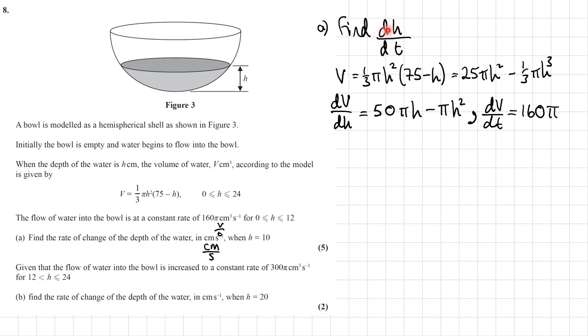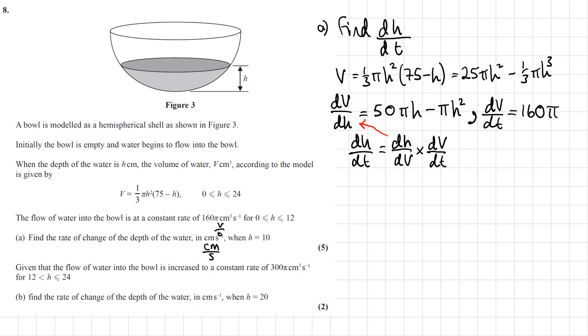So I want to find dh/dt. I've got dV/dh, and I've got dV/dt. These two can be multiplied together, if I use some reciprocals to do that. So dh/dt is equal to dh/dV, the reciprocal of this thing here, just flip it over, times dV/dt. Let me improve that h, it looks like something different.